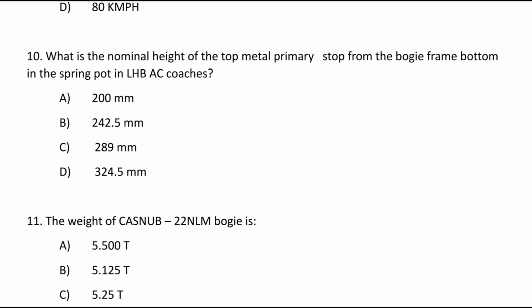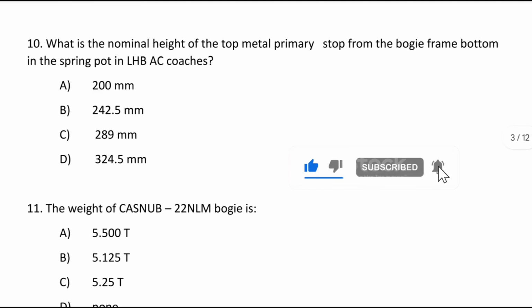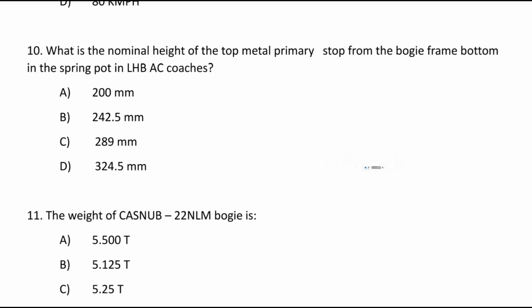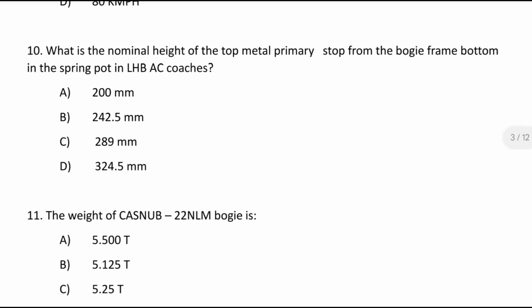D. 324.5 mm. In this question, the correct answer is B. 242.5 mm. Bogie frame having top metal primary stop of 242.5 mm nominal height from bogie frame bottom in spring pot is provided in LHB AC coaches.